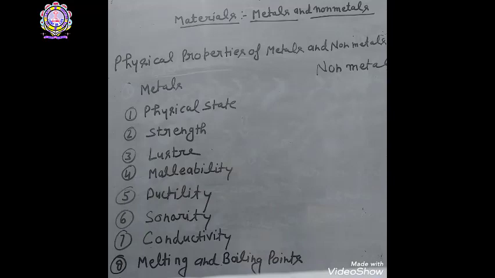Non-metals generally have low melting and boiling points. The exception is graphite, because it has high melting and boiling points.